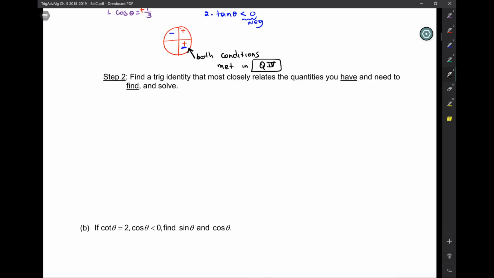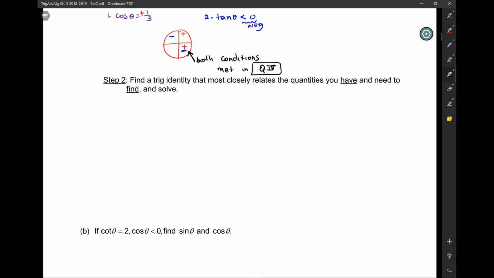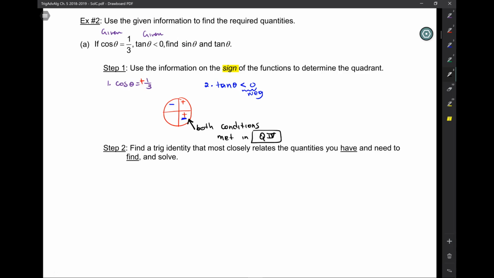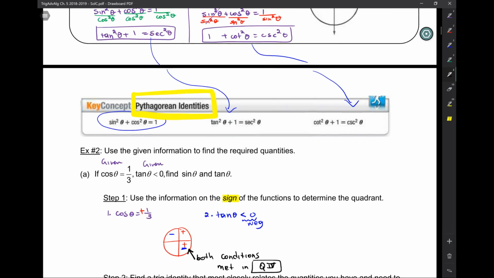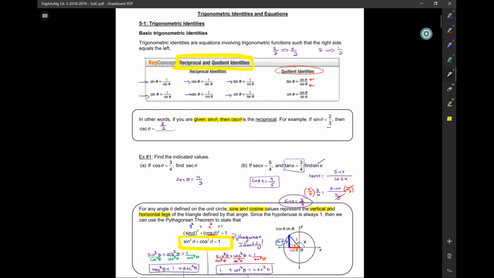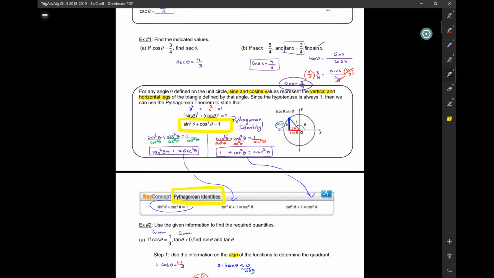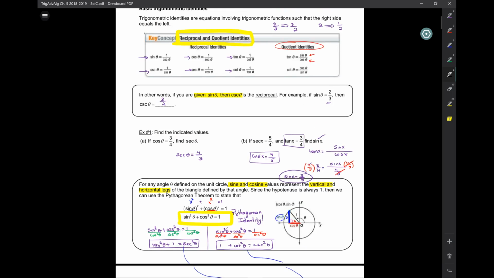Now, number 2 is we need to find the trig identity that relates the quantities we have with what we need to find. I have cosine. I need to find sine and tangent. Is there an identity here that relates cosine to sine or cosine to tangent with no other unknown?